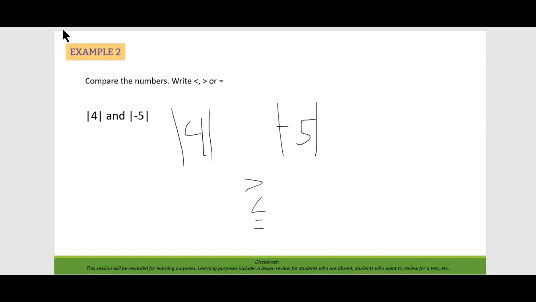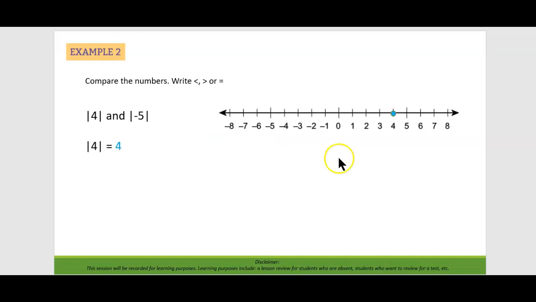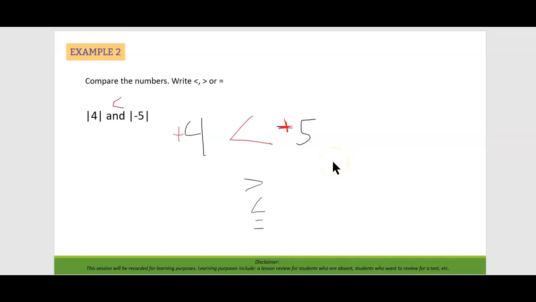So since they're absolute value, make them all positive. This one's already positive, but I'll put a positive sign. This one's negative, so let's make it positive. So we're really looking at 4 and 5. If you erase this now that we absolute valued them, which is greater? That makes it easy, right? So if you put a symbol here, it'd be like this. This is greater than this.